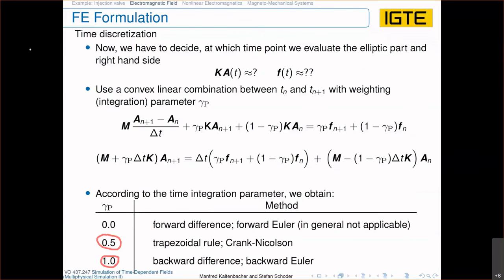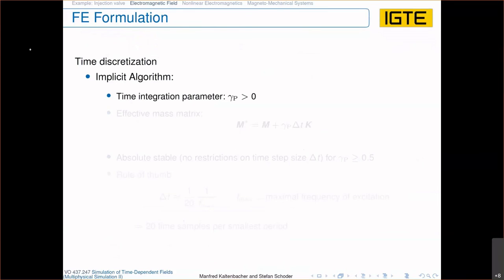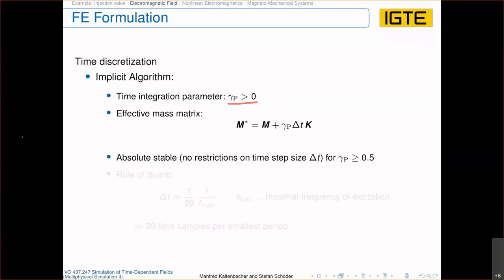Okay, so let's summarize it. For the time integration parameter gamma p being larger than 0, we always call such a time discretization scheme an implicit scheme. And as you know, the system matrix then is a superposition of the mass matrix and the stiffness matrix. What you obtain is also called the absolutely stable scheme.